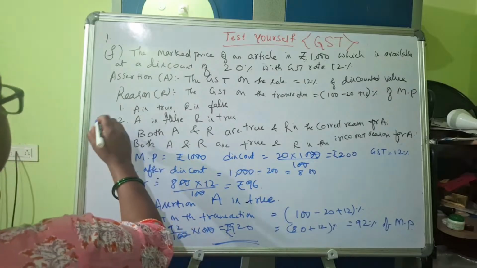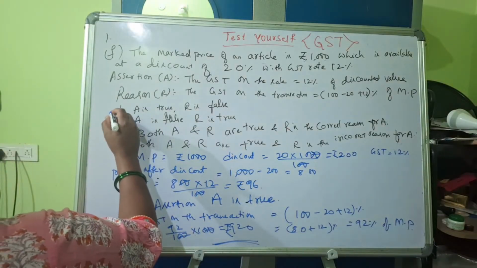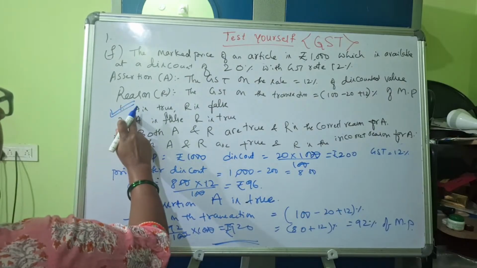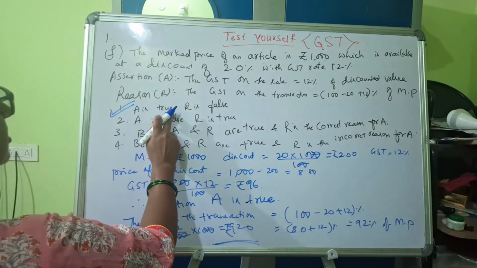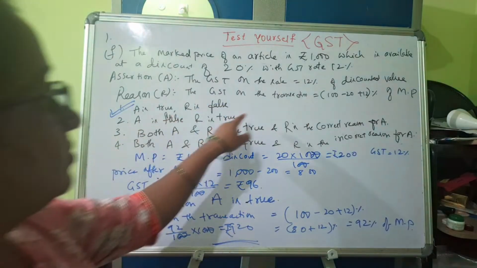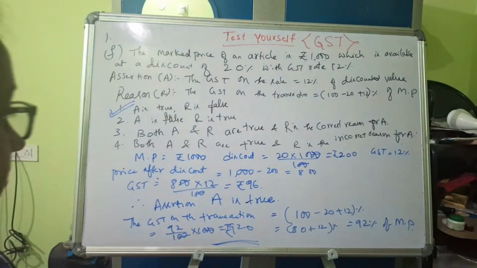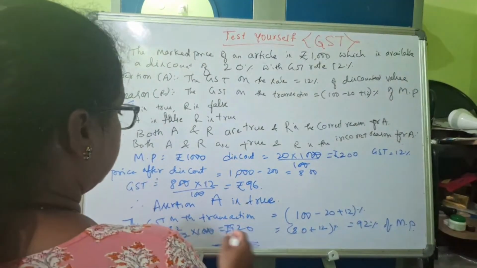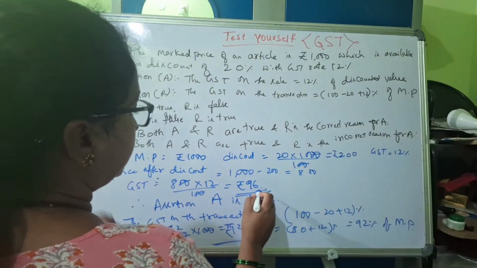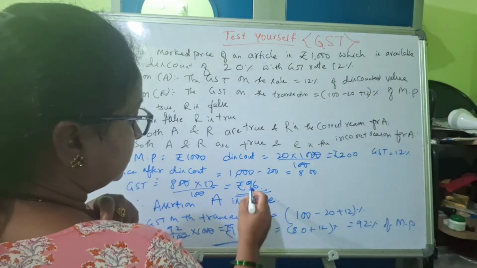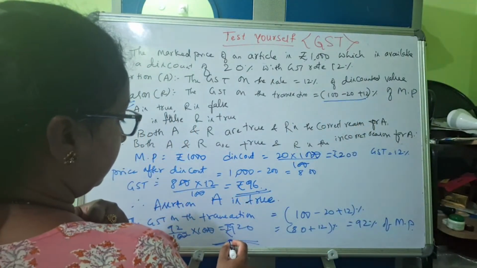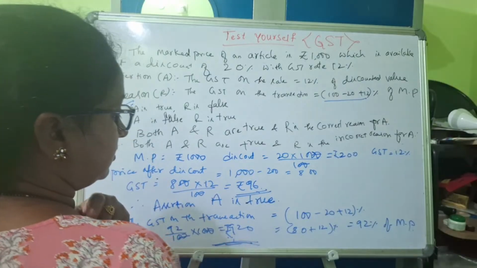Hence option 1 is the correct answer, that is, assertion is true and R is false. Because the GST we have got is rupees 96, whereas in the reason we'll get the answer as rupees 920.